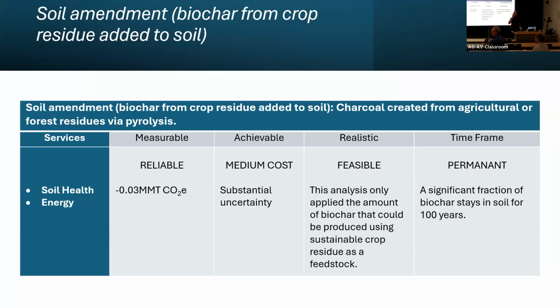So based on that analysis for New York State, there's a calculation of how much crop residue is produced. Obviously, that crop residue has many values. You want to return a substantial portion to the soil, but some of it could be harvested, and that's the amount of material that we looked at.